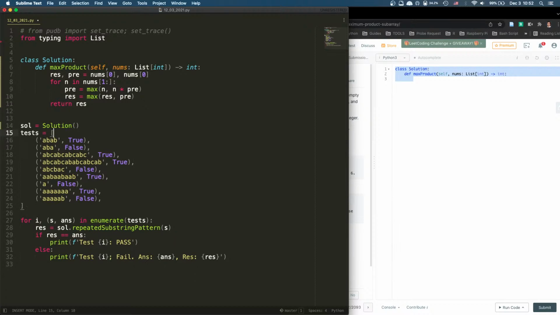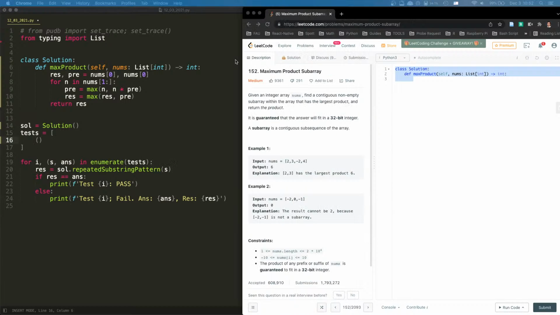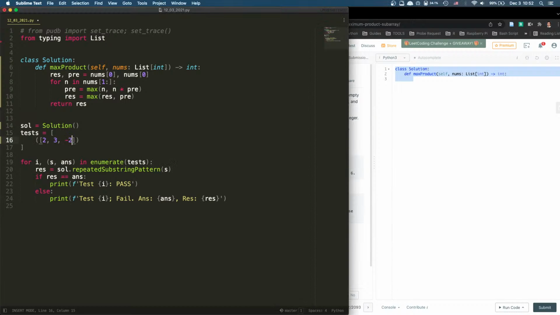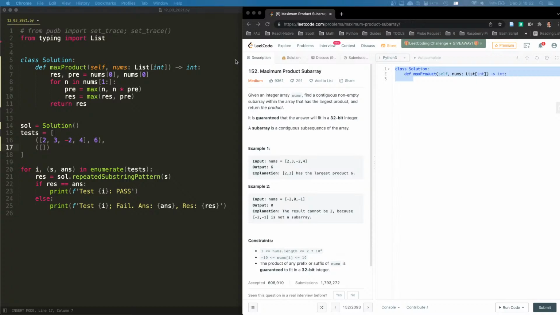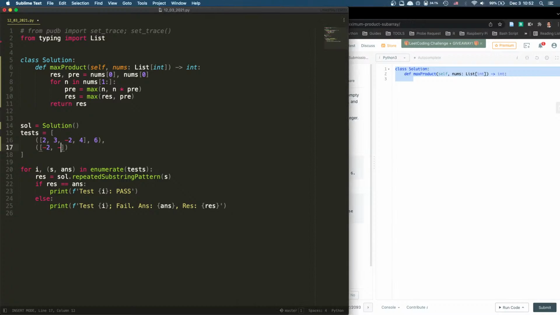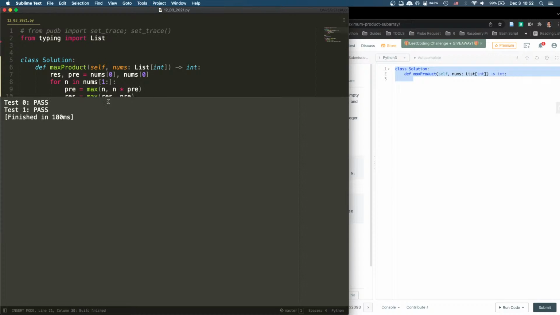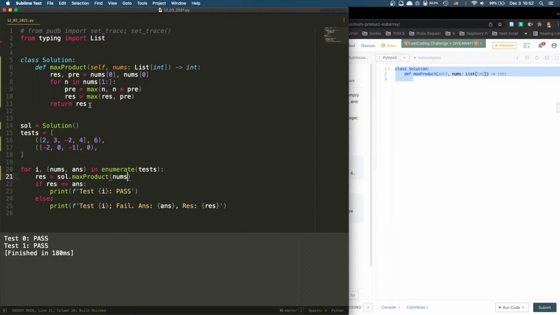Let's see if this works. We have only 2 test cases, but we can try it. So it's 2, 3, minus 2, and 4. Okay. This one gives us 6. Second one is minus 2, 0, and minus 1. This one shall give us 0. Okay, these two work, but I don't know.